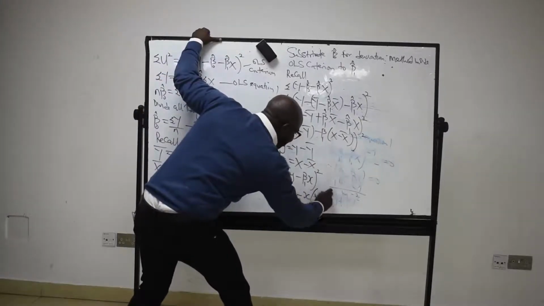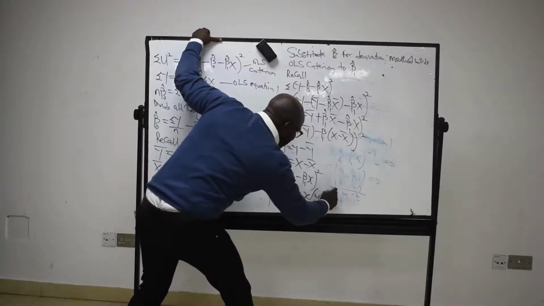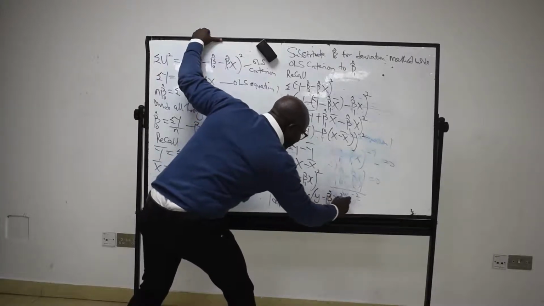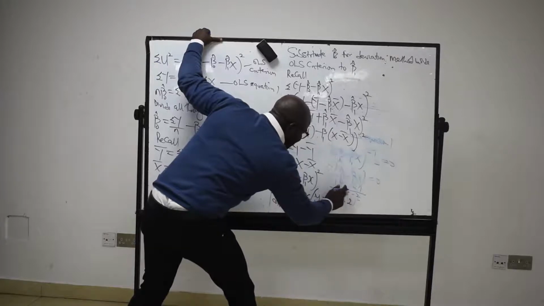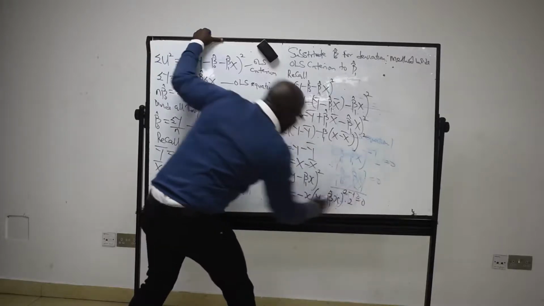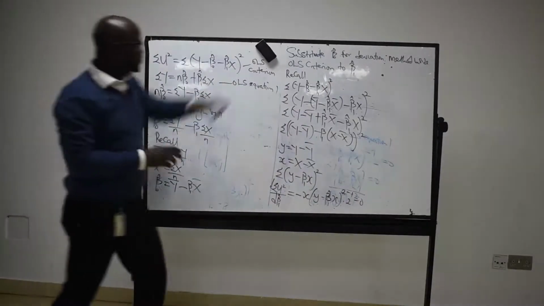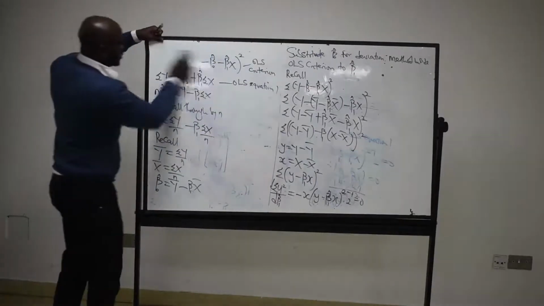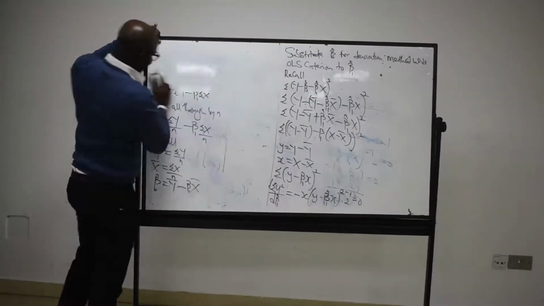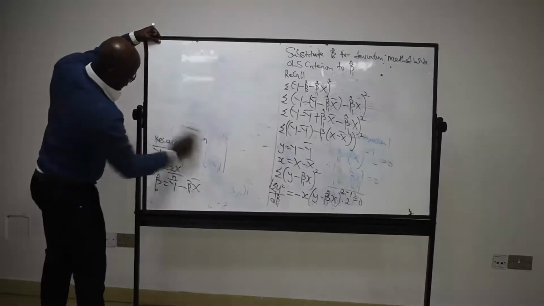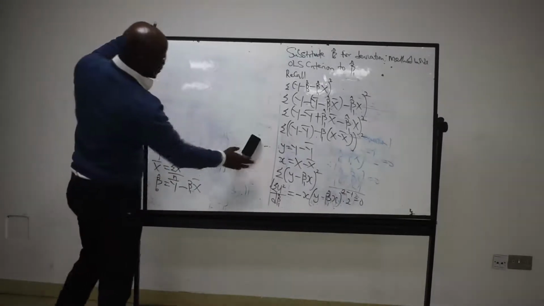We have this beta 1 cap x multiplied with 2 and minus the power by 1 is equal to 0, right?